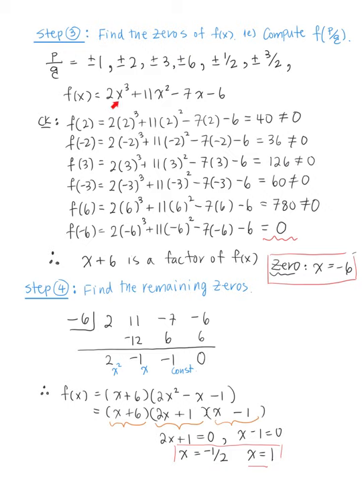But in this case, we have 3 real zeros, which are -6, -1/2, and 1. So therefore, I'm going to write the answer here. The zeros are x equals -6, -1/2, and then 1. We did it.